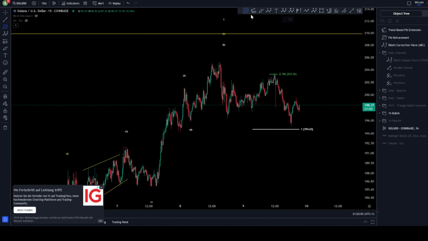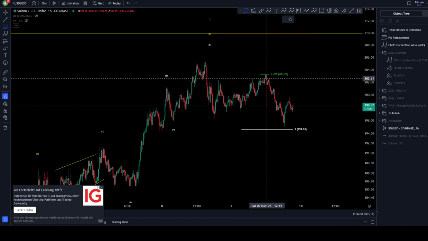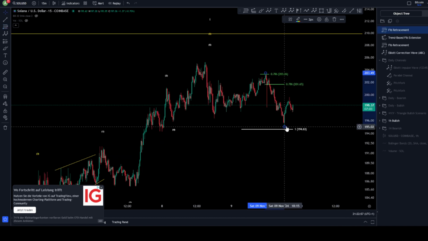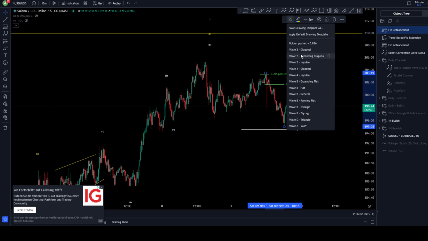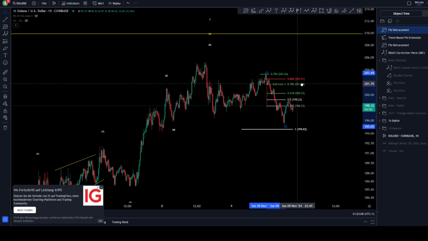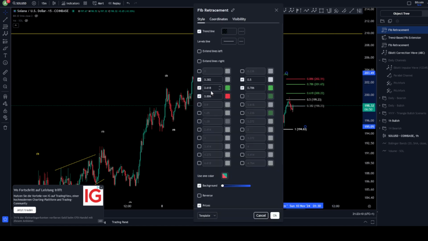So to know if we have bottomed or not, which I doubt, of course, we need some real correction here. In case we are in a wave 2 here as an impulse, we need to reach again the perfect Fib level. Let's keep the 0.886.